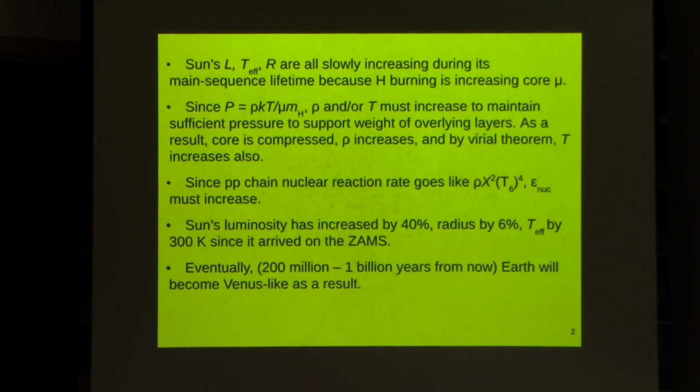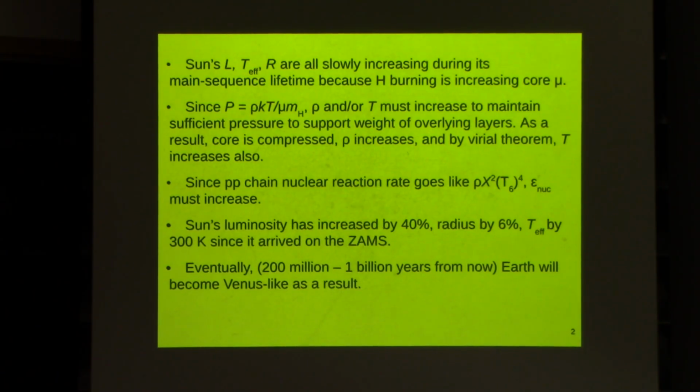The pressure is the number density times k times T. It doesn't matter what the particles are. All that matters is how many of those particles there are per cubic meter. So if you're changing 4 hydrogens into 1 helium all the time, you're reducing the number density in the sun's core, and that in and of itself would lower the pressure if nothing else changed to compensate.